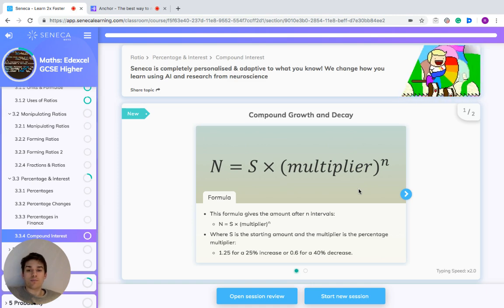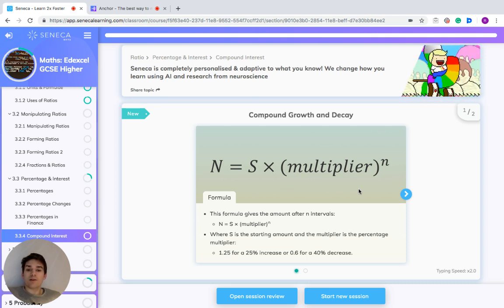So for example, if you start with £100 and you get 10% interest, so it increases by 10% each year, and you want to do that for 3 years, you take 100, your starting value, times it by 1.1, the multiplier for a 10% increase, and do that to the power of 3. So 100 times 1.1 to the power of 3.